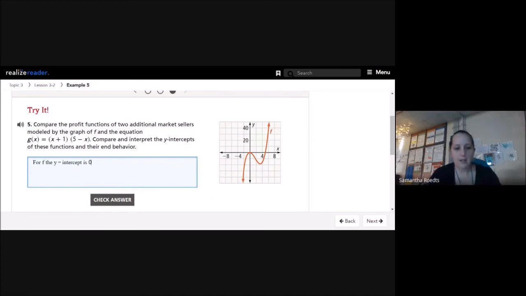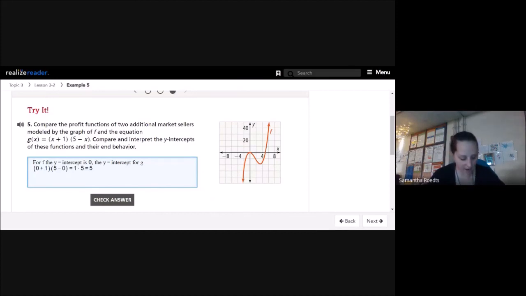And the y-intercept for G: if I plug in 0, 0 plus 1 times 5 minus 0 equals 1 times 5, which equals 5.